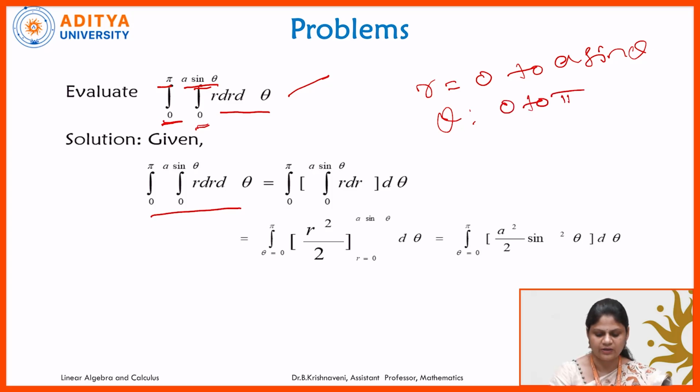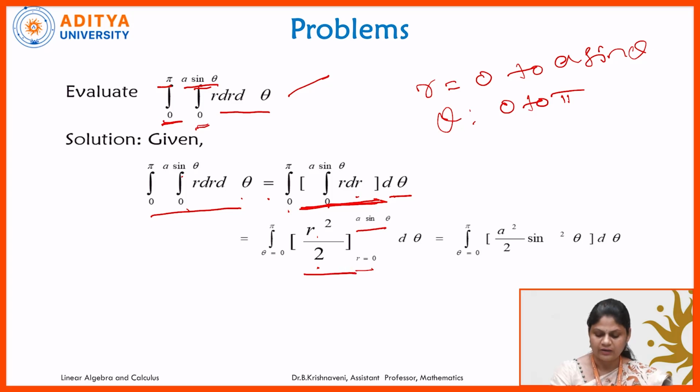So now let us evaluate this. Integral 0 to pi, integral 0 to a sin theta, r dr d theta, is equal to integral 0 to pi. The inner integration is integral 0 to a sin theta r dr, then d theta. Let us do the integration first with respect to r. Integral r dr is equal to r square by 2 between the limits r equal to 0 to a sin theta.